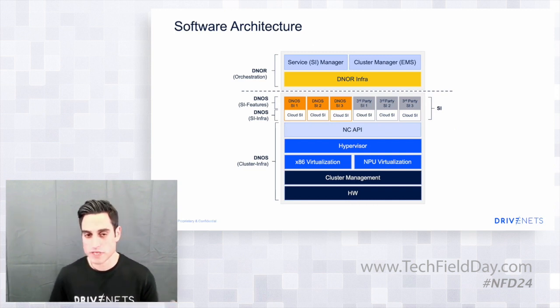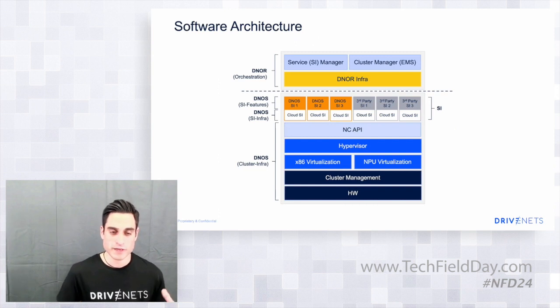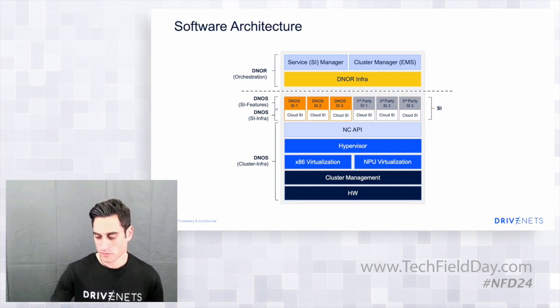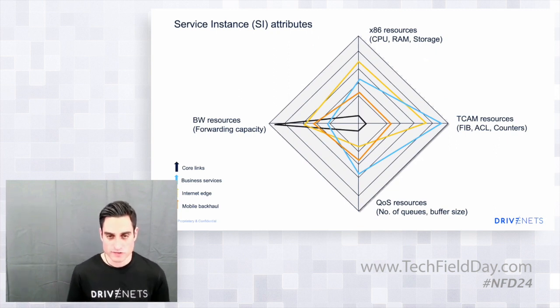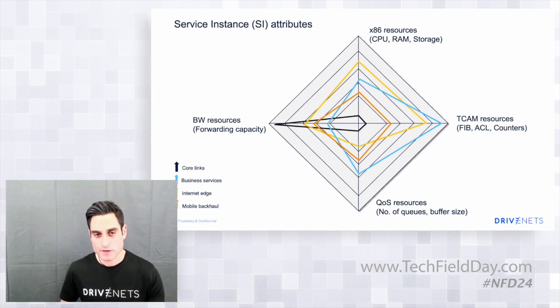SI1 would be a VPN router. SI2 would be an internet peering. SI3 would be a core router. Why can we do it? Ron touched it a little bit, but the interesting thing when going deep into understanding how different routers operate is to understand that they're balanced on different resources. You could have a lot of ports and the router would never be utilized that much because something else was already scarce.